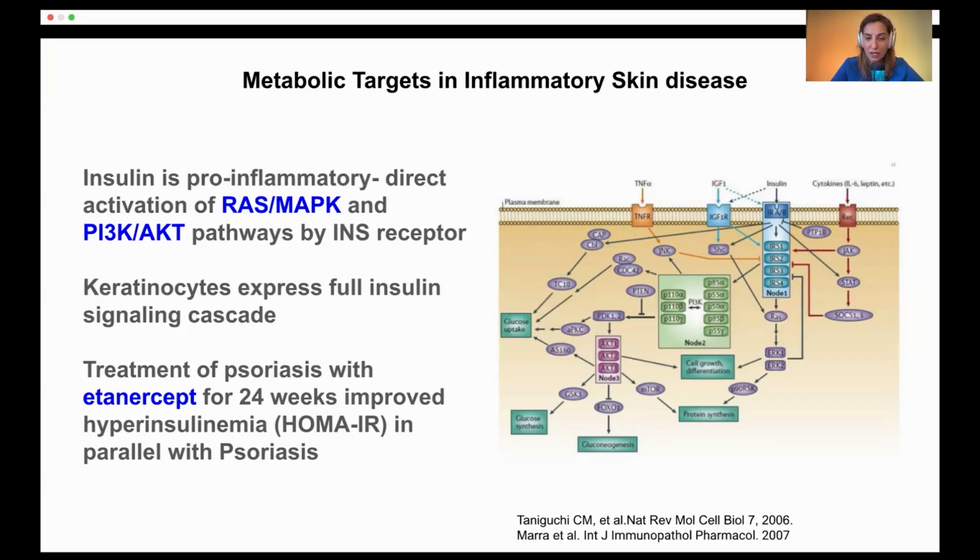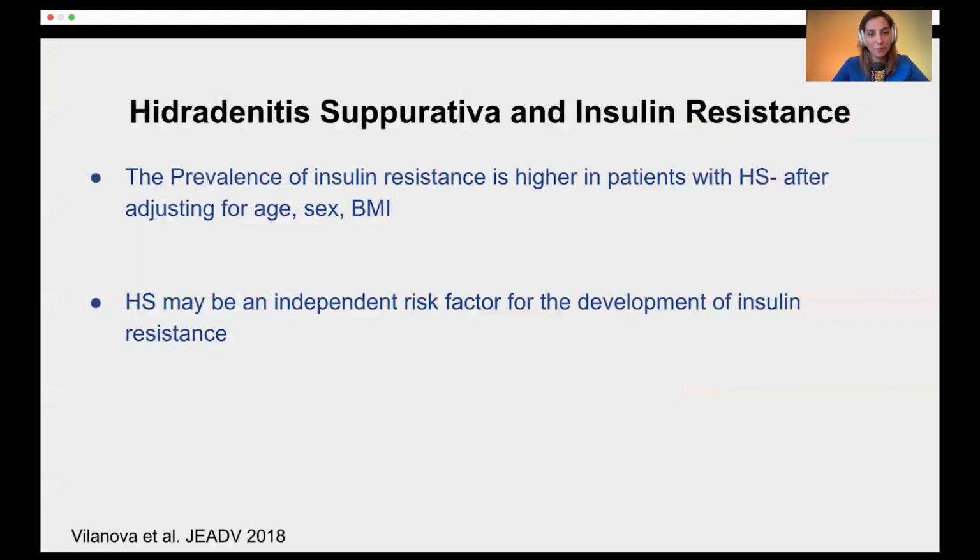A lot of our therapies now are targeting TNF, IL-23, IL-17s, but maybe over time we need to be throwing a little bit of metabolism in there and blocking maybe some GLPs. Maybe in the future we're going to have a GLP plus an IL-17 or IL-23. I'm just throwing those out. I haven't heard of those studies happening, but I think that's what the future holds.